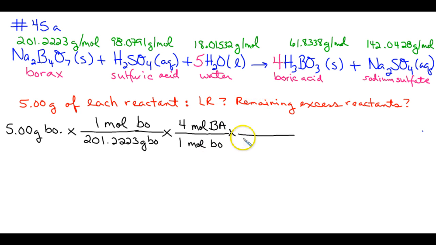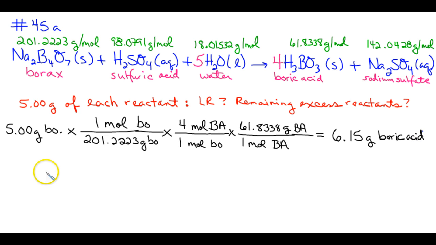So I'm going to go ahead and convert these to grams just so you can see that. So moles on bottom, and the molar mass of boric acid was 61.8338 grams. So if borax was your limiting reactant, you would create 6.15 grams of boric acid.